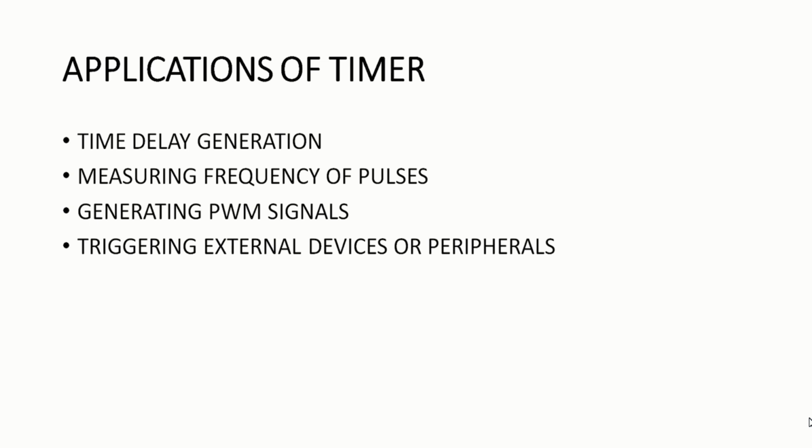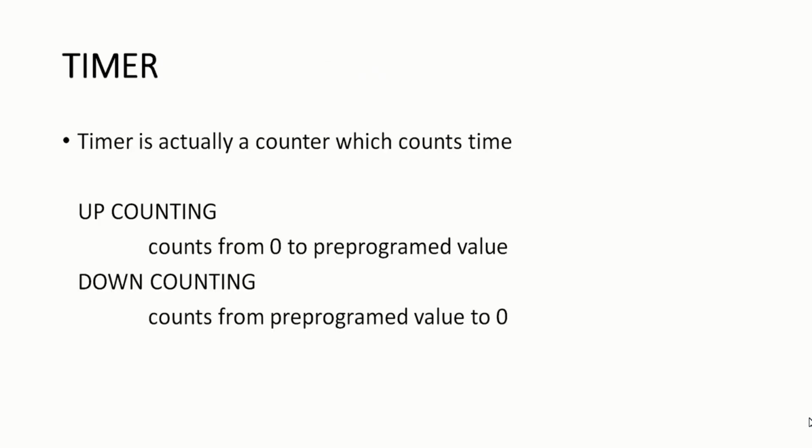So these are some of the applications of timers, and most widely we say timers are actually counters which count time. There are two methods of counting time. One is it counts from 0 to a pre-programmed value, which is called up counting, and another one is it counts from a pre-programmed value to 0, which is called down counting.